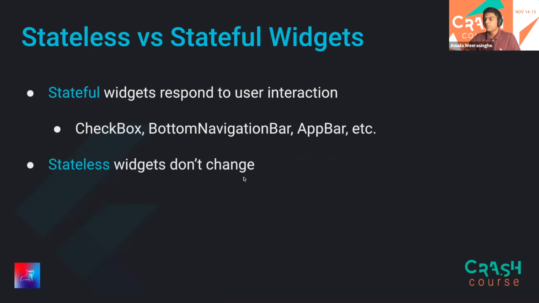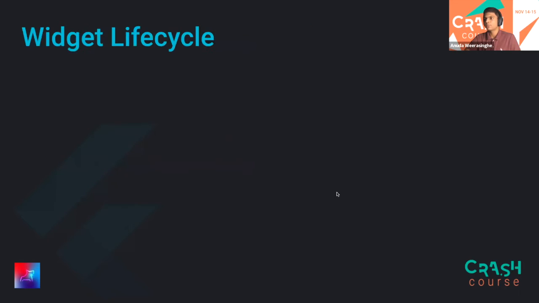And then the stateless widgets are static widgets that don't really change. These are things like cards, icons, text, titles, and you can look into the documentation and the widget catalog, and it'll go into detail about what each of the widgets are and whether they're stateless or stateful and how exactly you can use them in your Flutter projects.